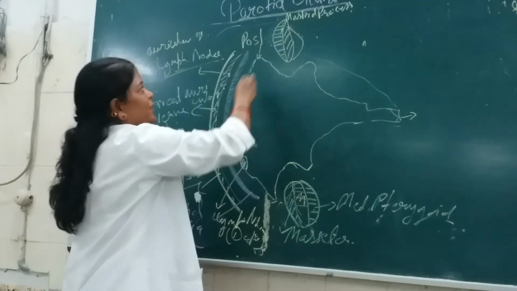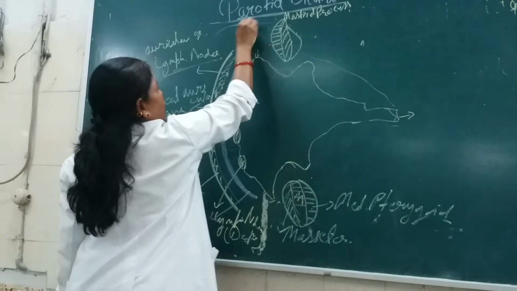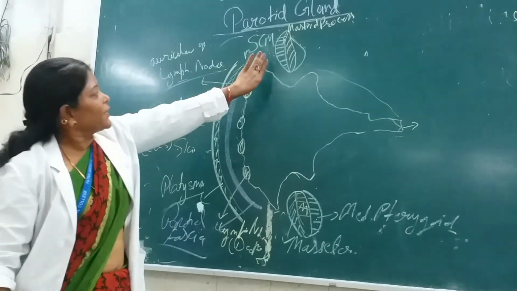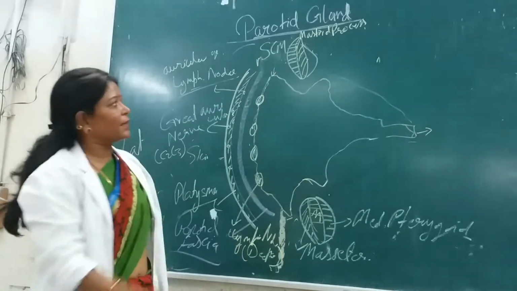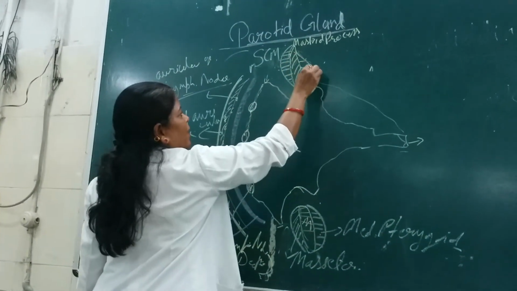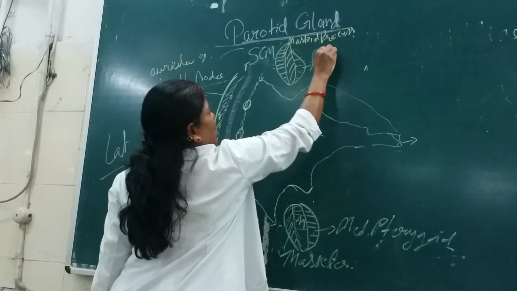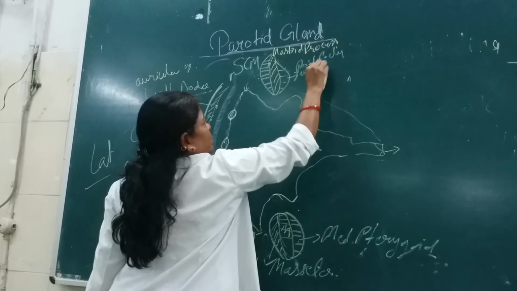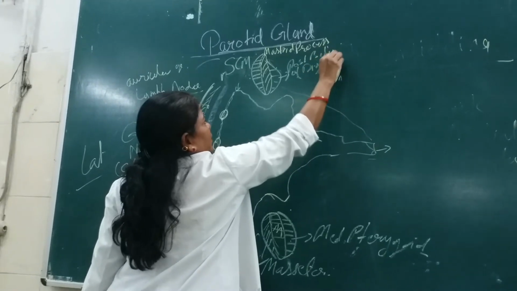Laterally, it is the sternocleidomastoid muscle, and medially it is the posterior belly of the digastric muscle. Isn't it?